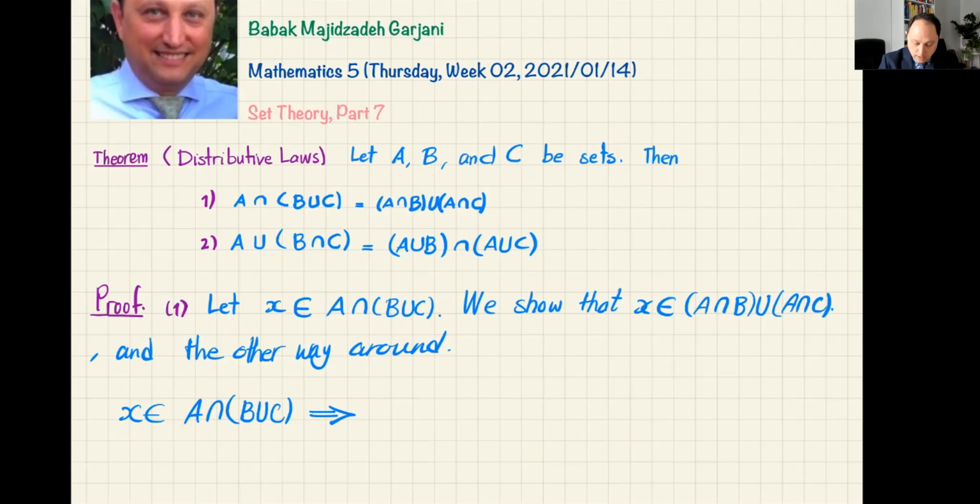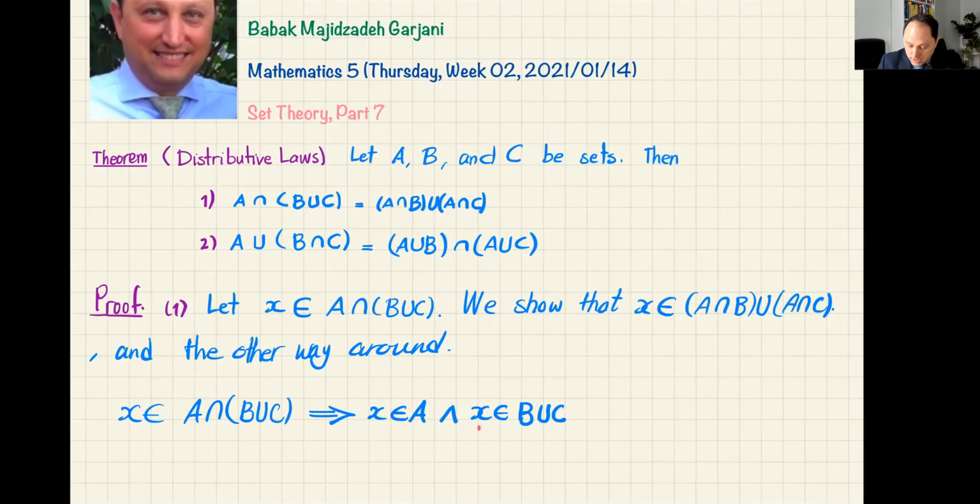This means that X has to be in the first set and it has to be in the second set as well. Yes, that is the definition of the intersection. You are telling that X belongs to the intersection of these two sets. So definitely X is both in the first one and in the second one, and that is what I have written here.